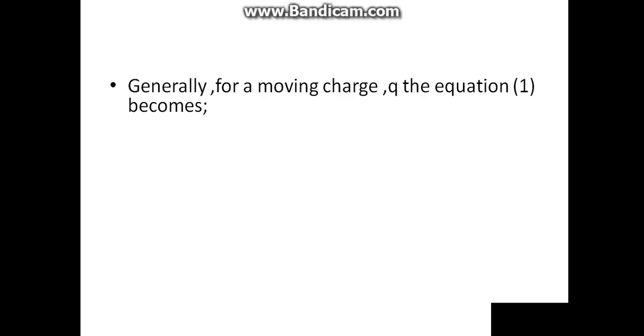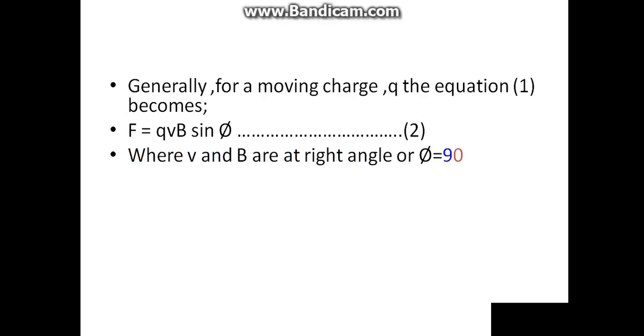Generally, for a moving charge, equation 1 becomes F = QVB sin φ, equation 2. Where V and B are at right angle, φ is equal to 90 degrees, then sin φ is equal to 1.